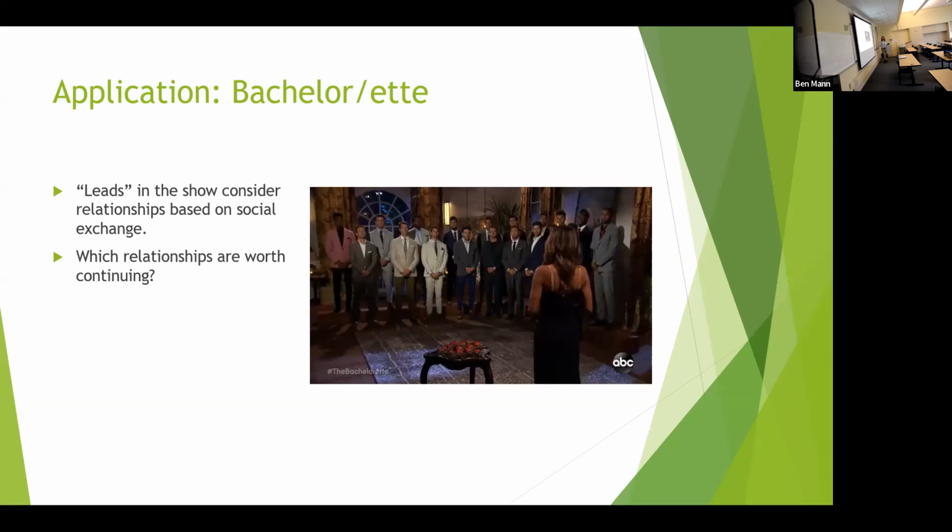A lot of the drama on these shows is about how these people are trying to decide who to keep, who to send home, what relationships they feel are stronger than others, what relationships have a future, whether or not the people that they're dating seem ready for an engagement or to move forward in the relationship. And you can tell I clearly watched way too much of that during COVID.